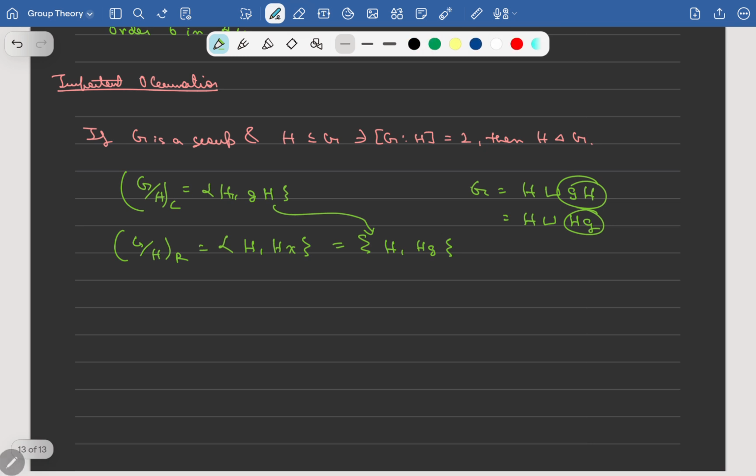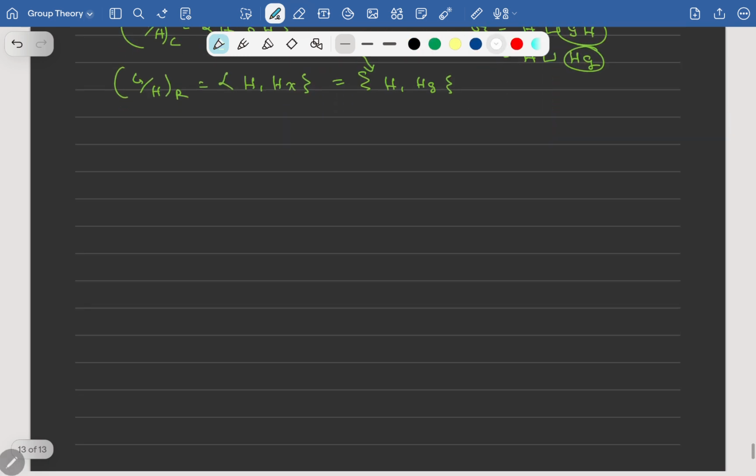And the final thing which we are going to discuss here is the fundamental theorem of finite abelian groups.